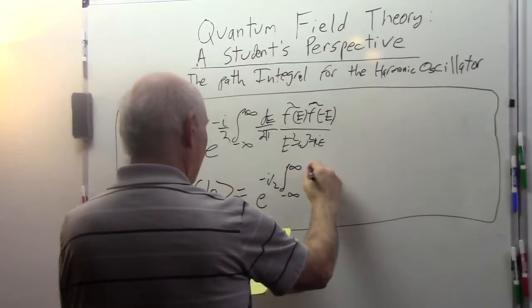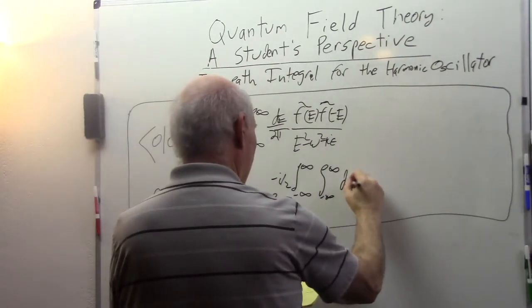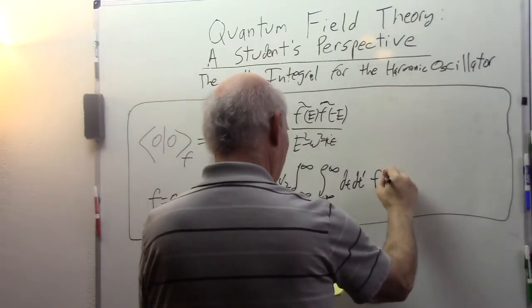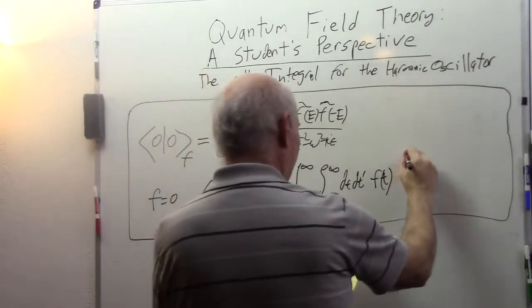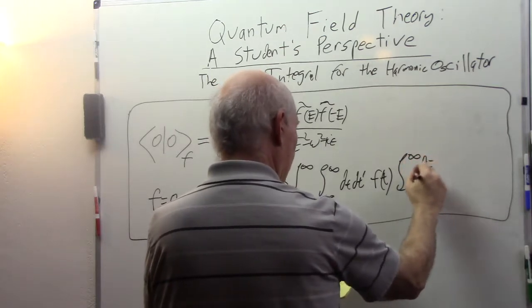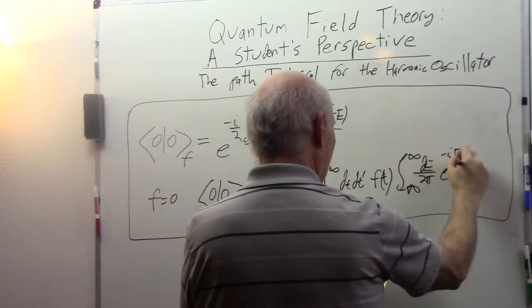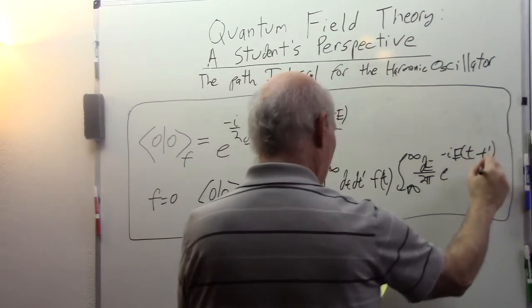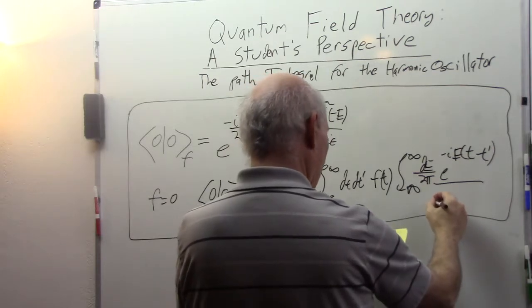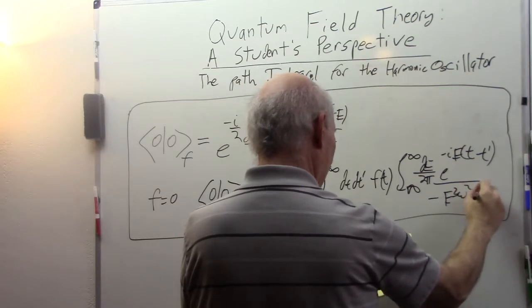We're going to get two integrals because we got two of these things, dt, dt prime, f of t, and I'll have an energy integral, dE over 2 pi, e to the minus iE(t minus t prime) divided by minus E squared minus omega squared plus i epsilon.